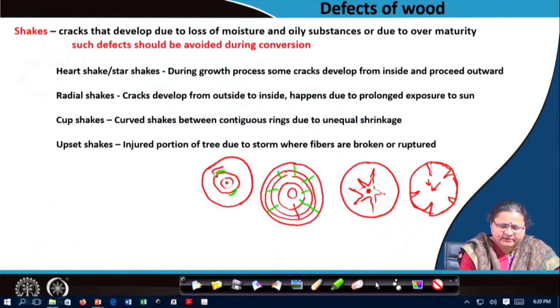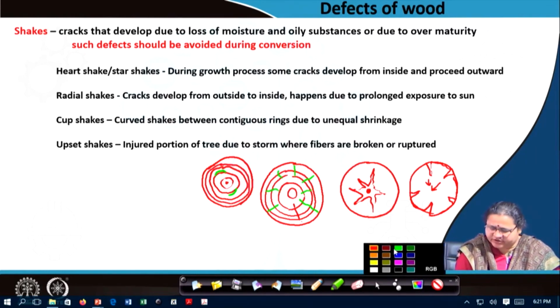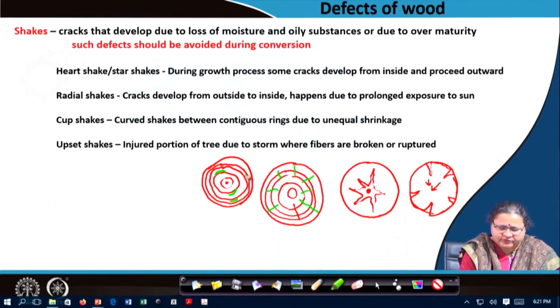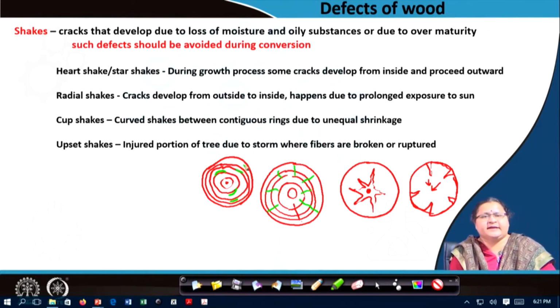You may have multiple such, and during the process of conversion you have to avoid such areas. These are weak areas, having loss of adherence of one layer with the other.